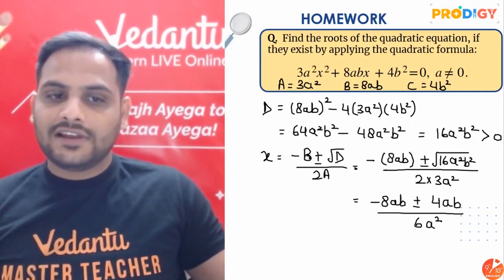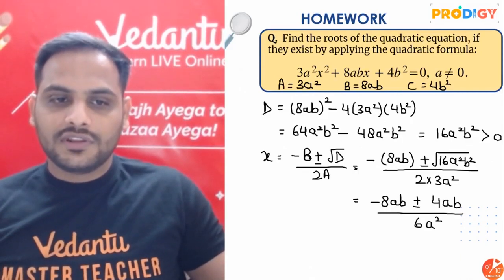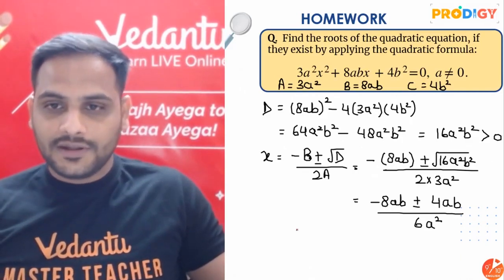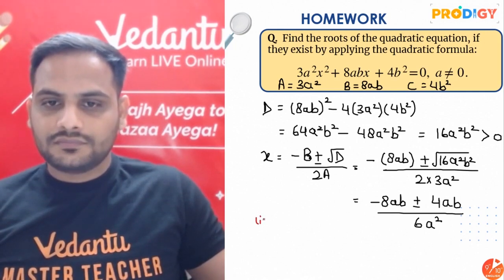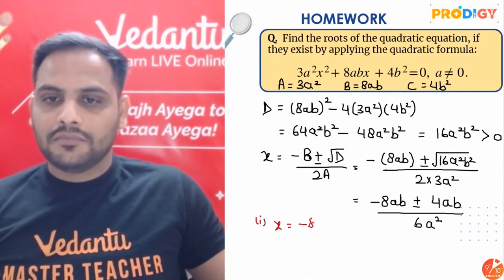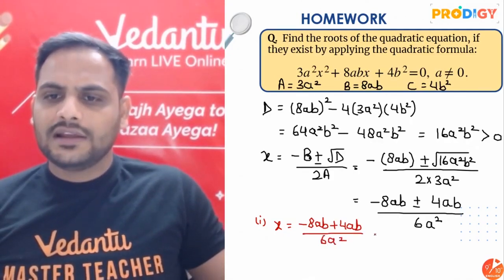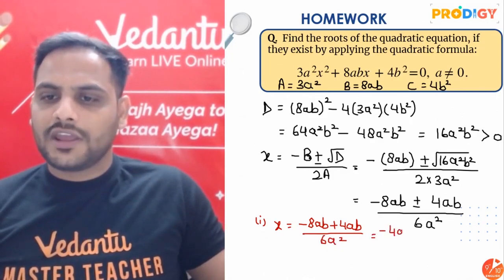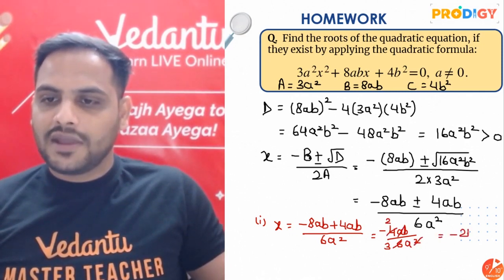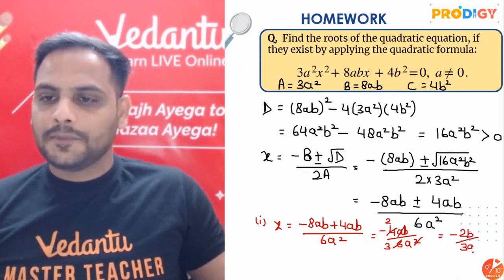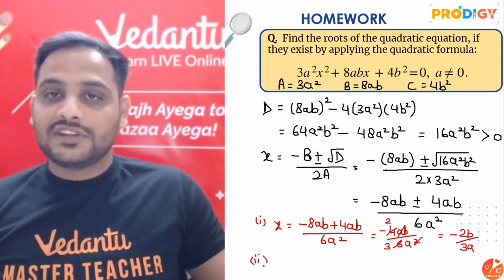Now I will get two roots. For the first root, use the plus sign: minus 8ab plus 4ab divided by 6a square, which is minus 4ab upon 6a square. So it is 2 times, 3 times, and one a will get cancelled here. We are getting minus 2b by 3a. For the second root, use the negative sign.